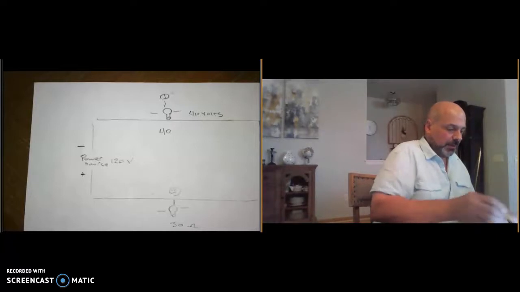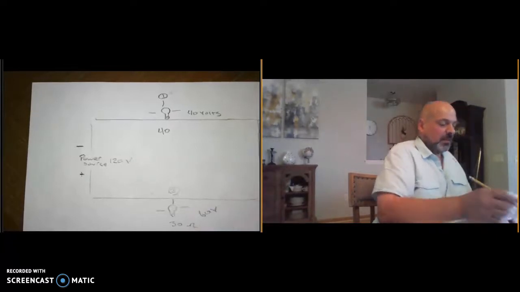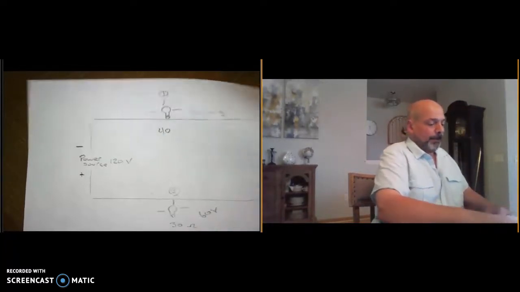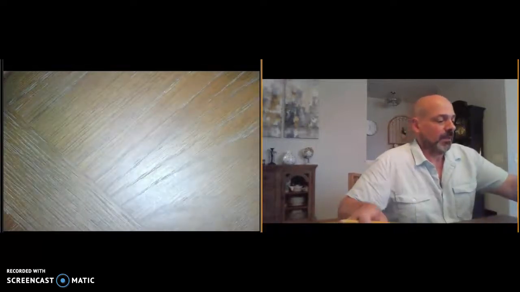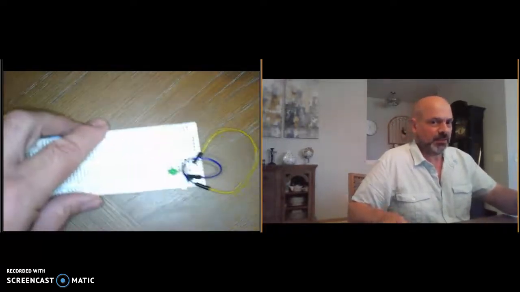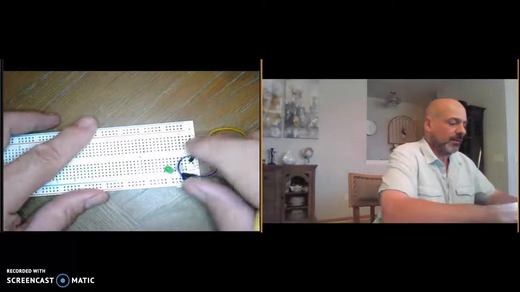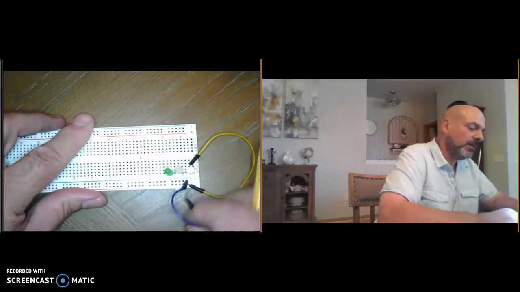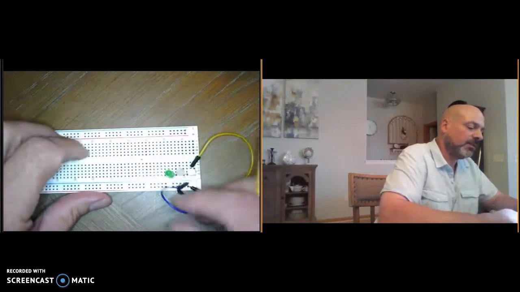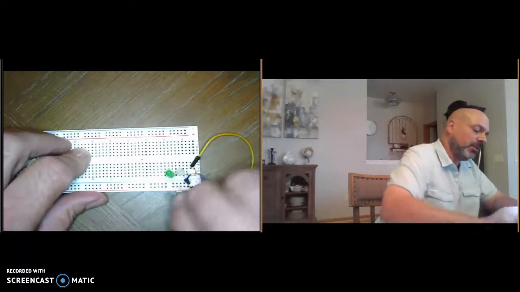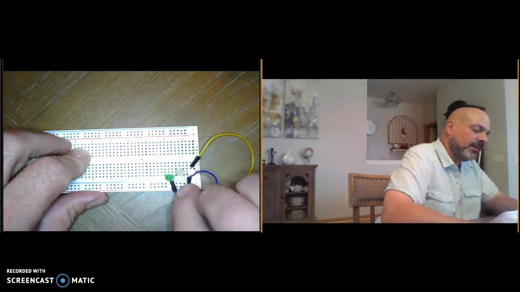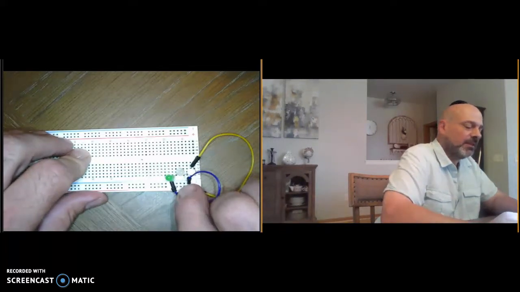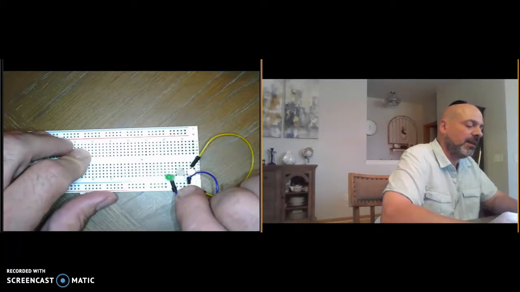Number 3, we had 60 volts. I have a series circuit built, and if we divide the voltage between 3 bulbs, there's not enough voltage. It's divided too sparsely to light.